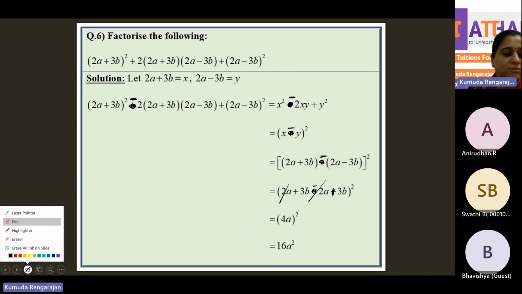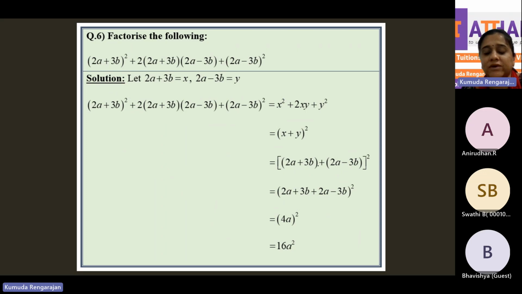So the bracket is very important. Even if now because it's plus, even if you don't put the bracket, you will get the correct answer. If it is x minus y the whole square, x in one bracket, y in another bracket, separated by a minus sign. So when you open the bracket, it will be minus 2a minus into minus plus 3b.